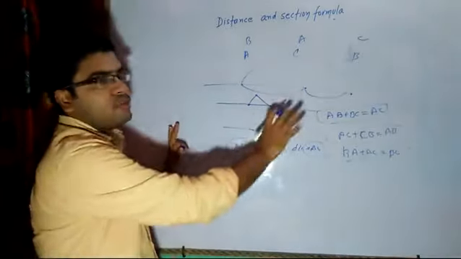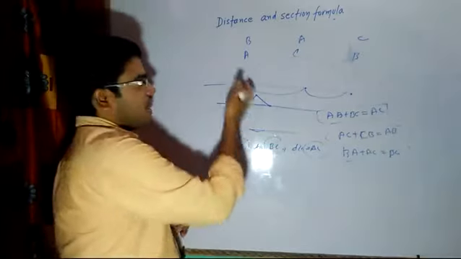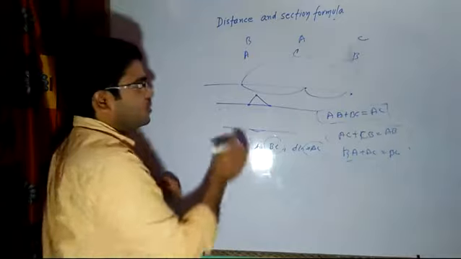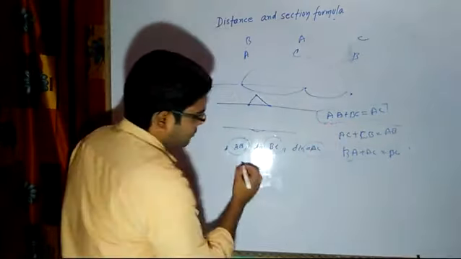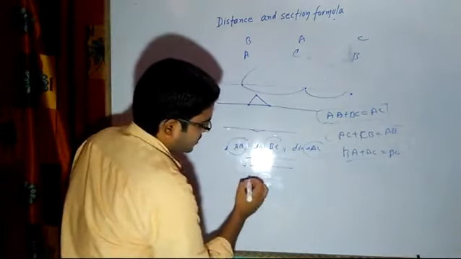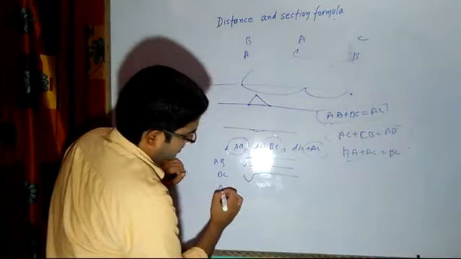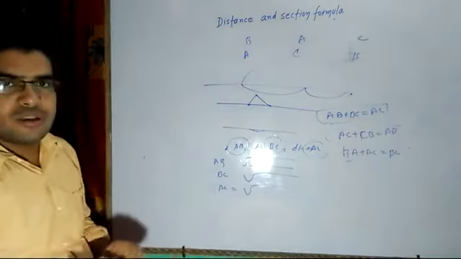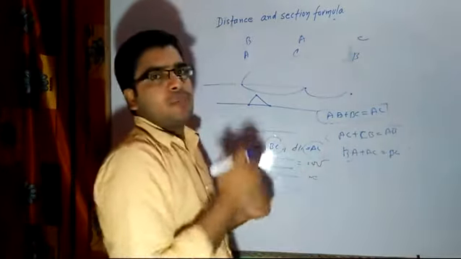Now if we have 3 points and don't know whether they are lying in between or on the corner side, then calculating 3 distances is a very tough task. For AB you will use the formula, then BC, and then AC, so 3 times you have to use the formula. Then also if you get root values, again there will be a problem.